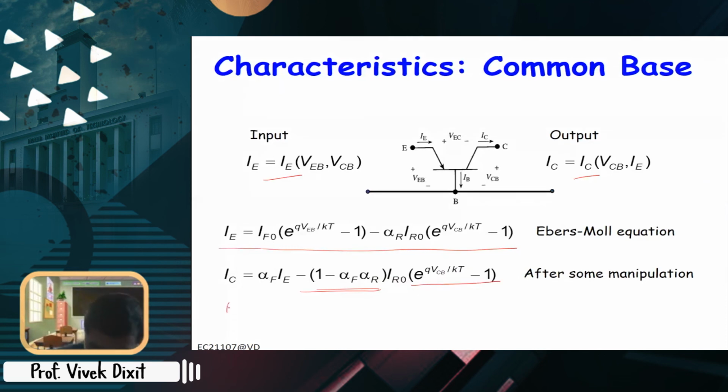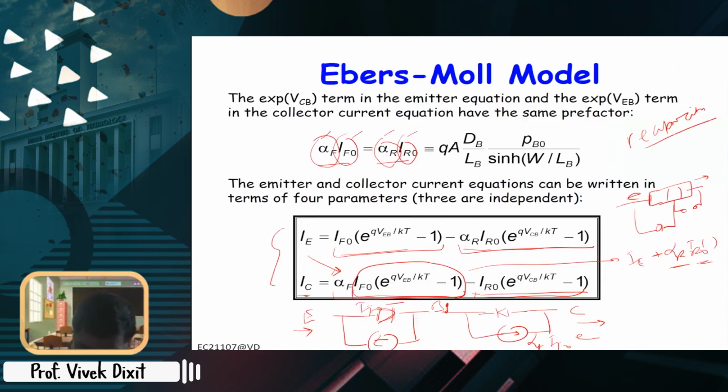And similarly you can write IE also. IE will be alpha R times IC. IC can be written as, this factor can be written as minus IC, IR naught, minus IC plus alpha F IF naught, right? So minus will become plus here.